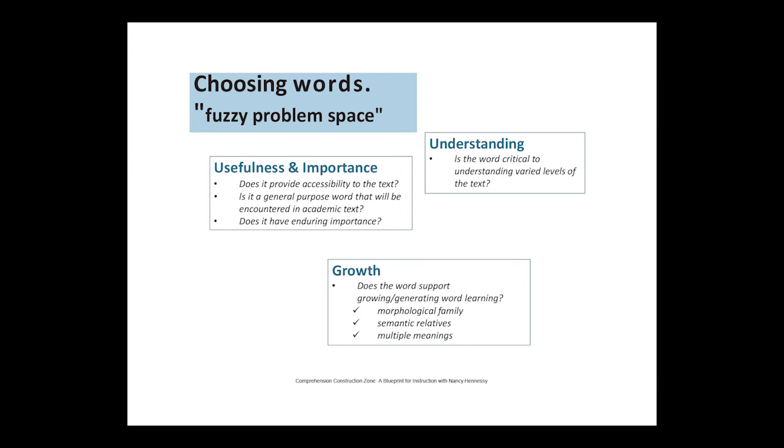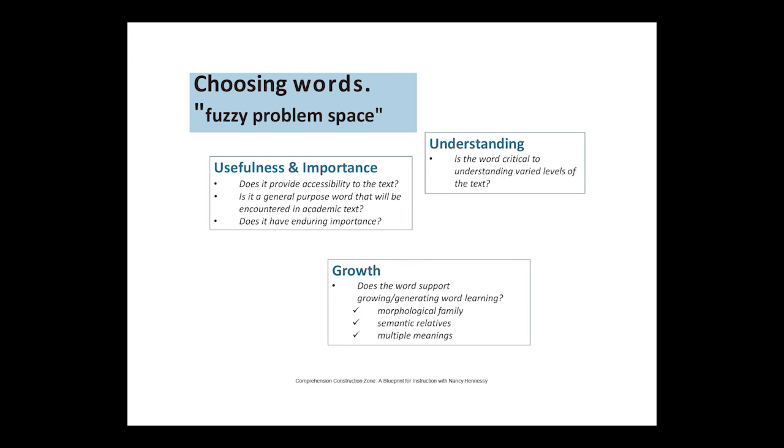And I'm going to make some decisions about which words are the most useful and important, that provide accessibility to the text? Words that might be encountered in other texts that have enduring importance. And then I'm going to ask, wow, do my kiddos really need to understand this word to understand the text?